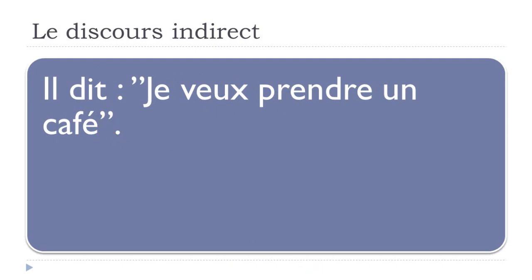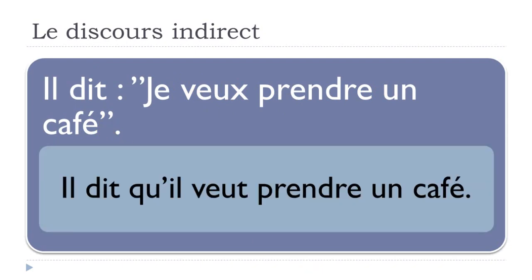So if you want to transform this sentence, it will be a bit different, because in the first sentence it was quite simple, because you had this il and elle, but in that case, of course, you've got the je veux, and you need to adapt it, because here we've got the subject, so subject is masculine, and then it's at the third person, so il dit.